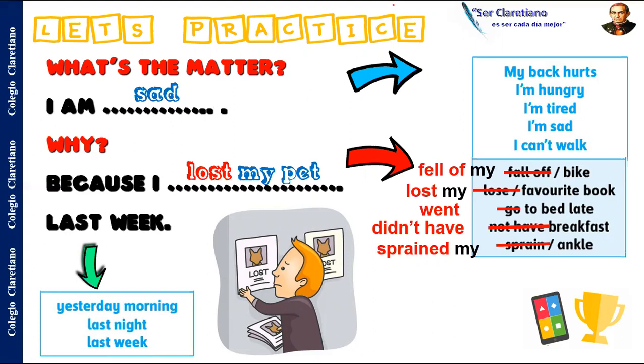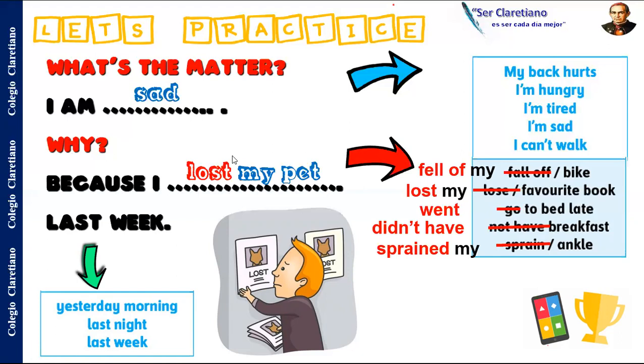Did you have breakfast? No puedo caminar porque no tomé desayuno. No, profe. This is one reason. Why? Because I sprained my ankle. Another option could be because I fell off my bike. No, I had a bike accident. That's why I can't walk.